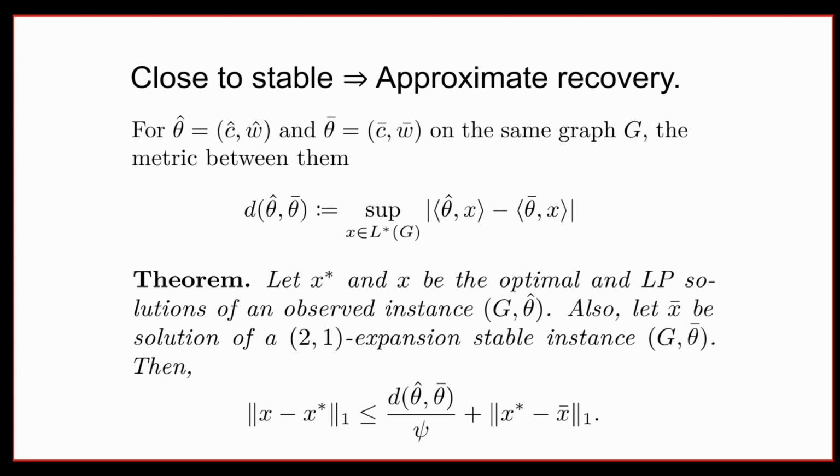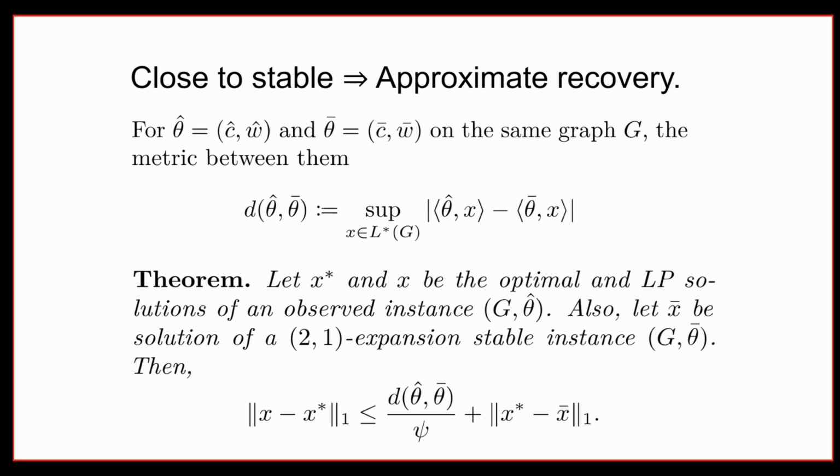So what you're saying is, if you have this given instance G, and suppose there is some other instance theta bar, which is close to this instance, then essentially you can give some bound on the Hamming error for the observed instance with the distance between these two instances.